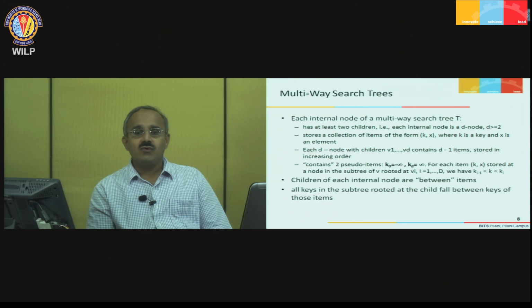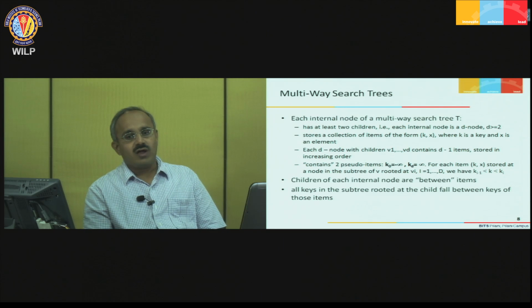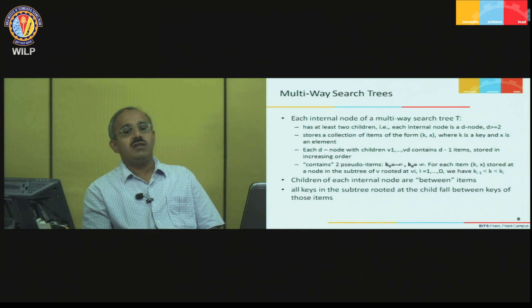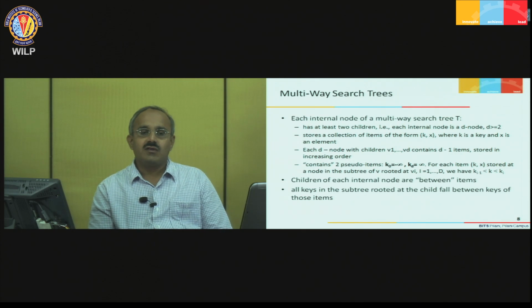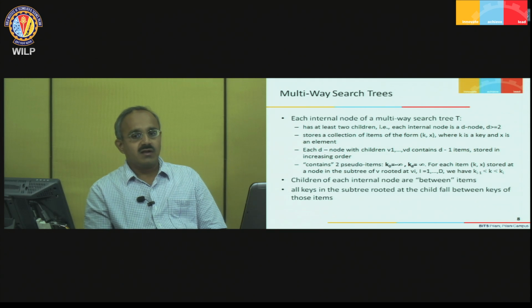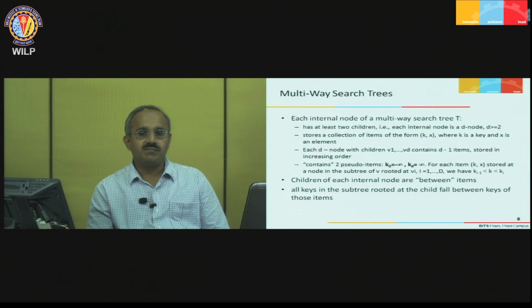Now, each D node which is going to have D children, say labeled V 1 to V D, will store D minus 1 items stored in increasing order. Recollect, an internal node is a D node if it has D children.